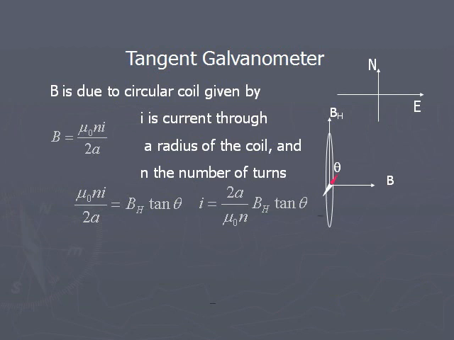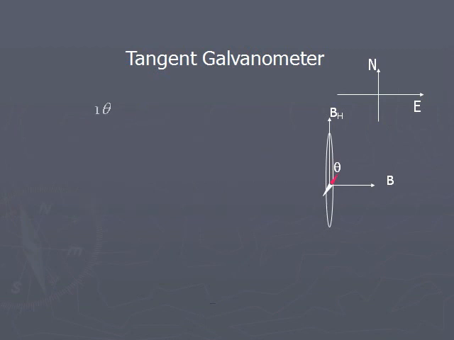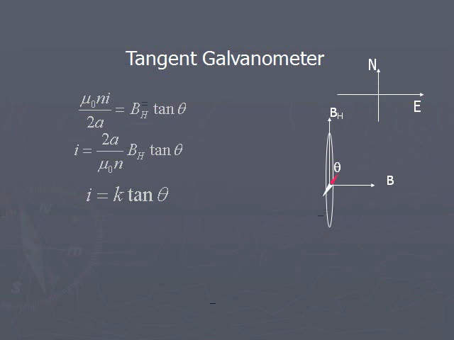Substituting this value in the tangent law, you will get mu naught N i by 2a is equal to BH tan theta. Therefore, i is equal to 2a by mu naught N whole multiplied by BH tan theta.